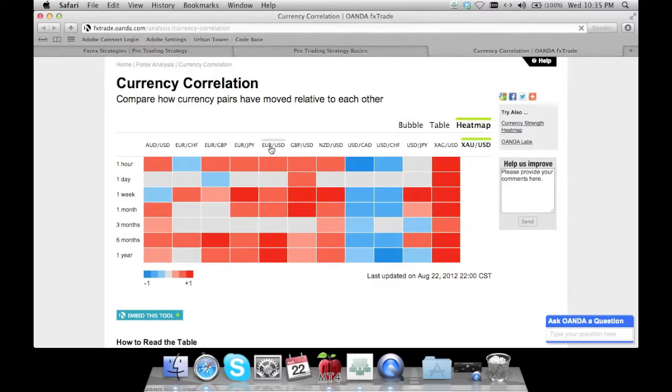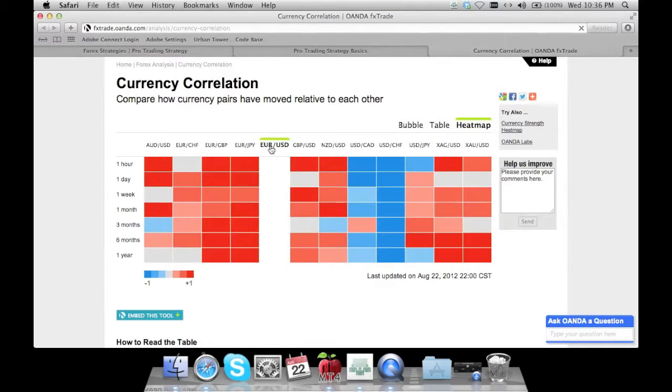For example, if I want to see Euro USD, which pairs correlate with Euro USD? Anything that is dark red for the majority of the column correlates with the Euro dollar. If it's red, it goes in the same direction. If it's blue, it goes in the opposite direction. So Euro USD and Euro yen go together, but Swiss franc is opposite.